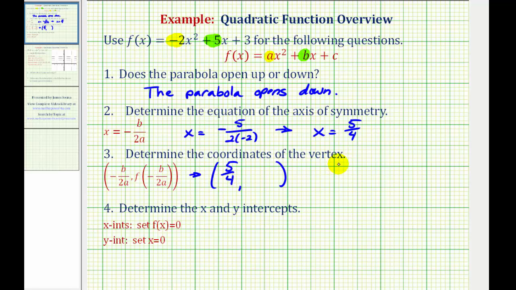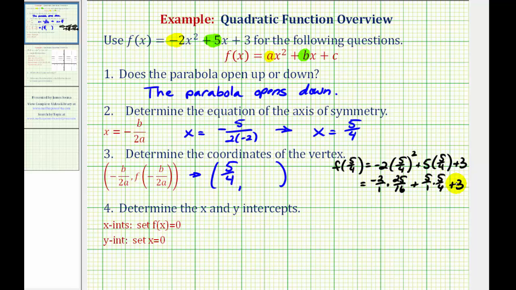So f of 5/4 is equal to negative 2 times 5/4 squared plus 5 times 5/4 plus 3. Well, 5/4 squared would be 25/16, so we'll have negative 2 over 1 times 25/16 plus 5 over 1 times 5/4 plus 3.